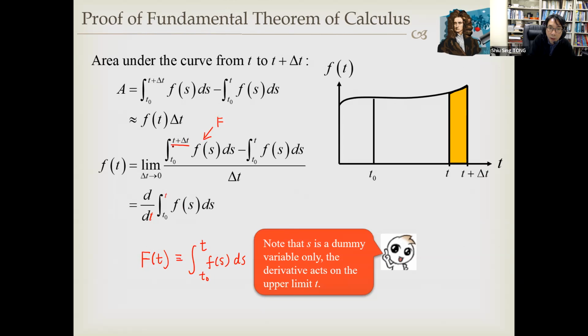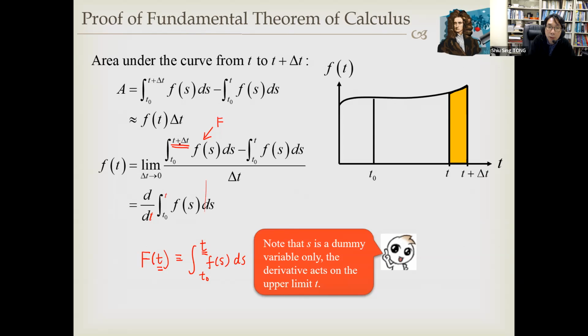Now I look at the upper limit, because the function depends on the upper limit. This is the function variable, right? The s here is a dummy. After integration, if I evaluate at the upper limit and lower limit, the s will go away. So the s is not important. You can use whatever variable you would like. But the t here refers to the upper limit.